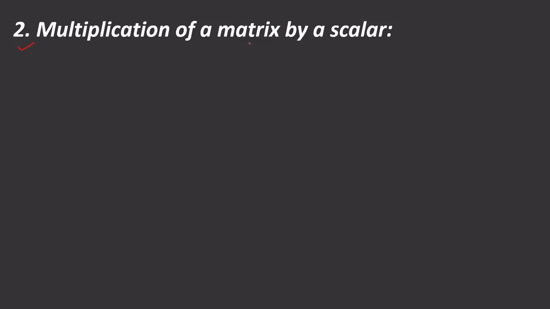Okay, now the second operation: multiplication of a matrix by a scalar. This is not multiplication of matrices with each other, but a matrix A multiplied by one scalar quantity, like the number 3, which is called 3A. How do we represent it in a matrix?